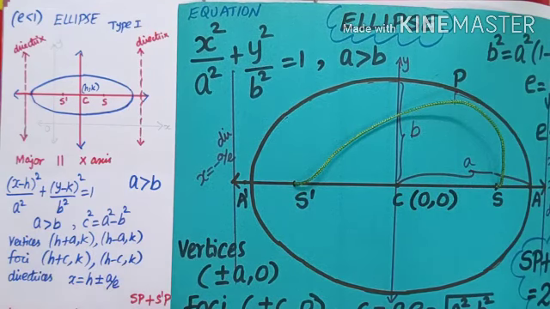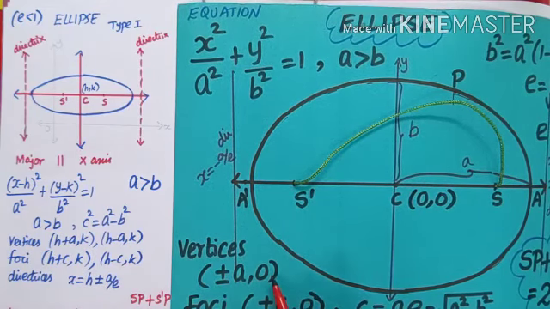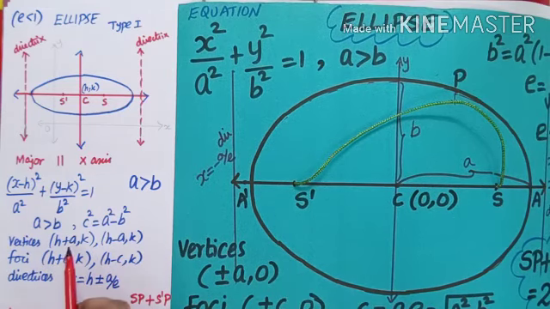How will I write it here? Add h, add k. So h plus a, h minus a. The second one is k only. For focus, plus or minus c comma 0. Add h, add k. So h plus c, h minus c, and k only will come.